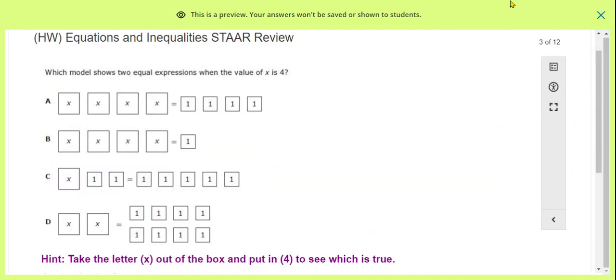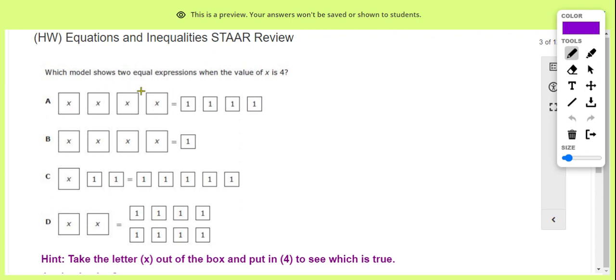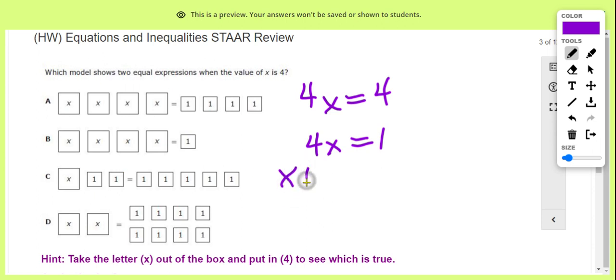Okay, number 3. So looking at the models, this model is 4x equals 4. This model is 4x equals 1. Here we have x plus 2 equals 5. And here we have 2x equals 8.